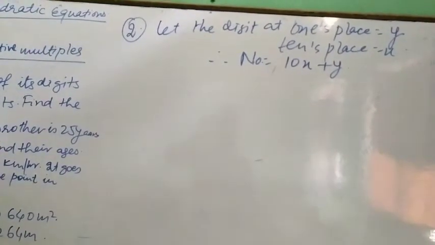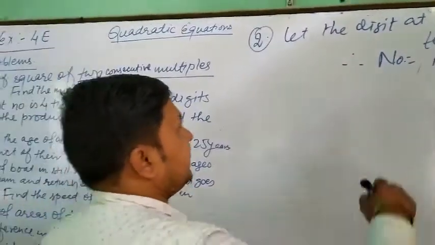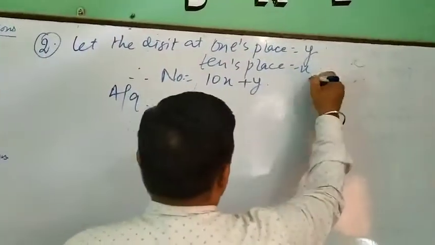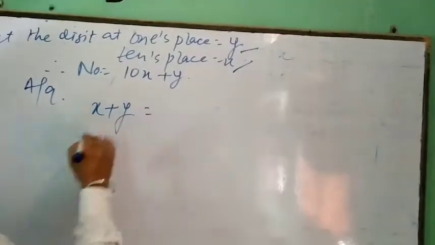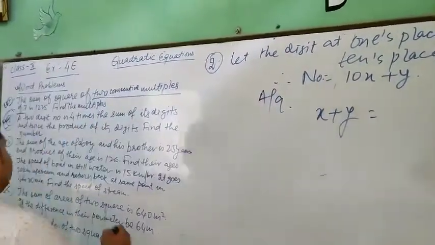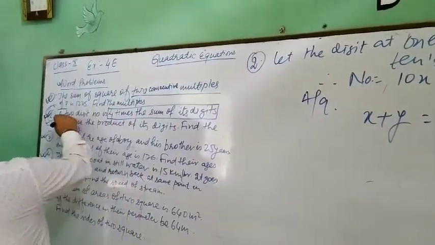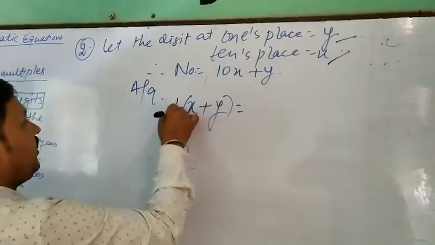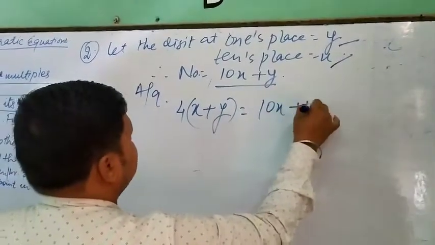Here the two-digit number is 4 times the sum of its digits. According to the question, digits are x and y, and 4 times the sum of its digits equals the two-digit number. That means 4 into (x plus y) equals 10x plus y.